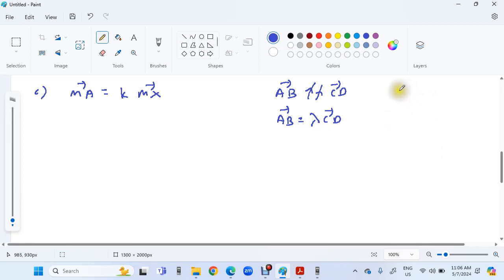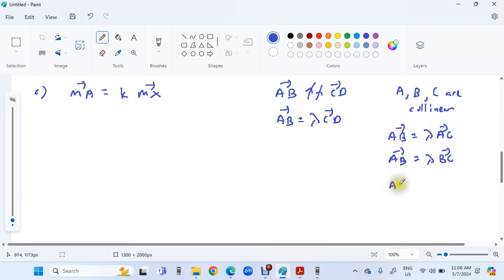And then if we say that A, B, C are collinear, then I can say that AB equals lambda AC, or AB equals lambda BC, or AC equals lambda BC. We use AB, AC, and BC to form an equation like this.